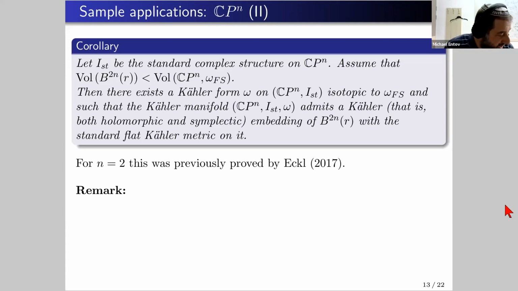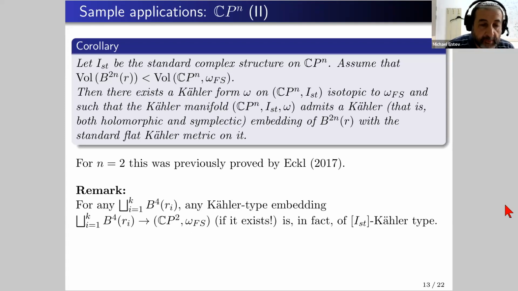Okay, a few more remarks. In the case of CP2, any complex structure compatible with the standard symplectic form is smoothly isotopic to the standard one. Previously I said that for CP6 and higher, you may have exotic ones. Here, all complex structures compatible with the symplectic form have to be isotopic to the standard one, and this follows.